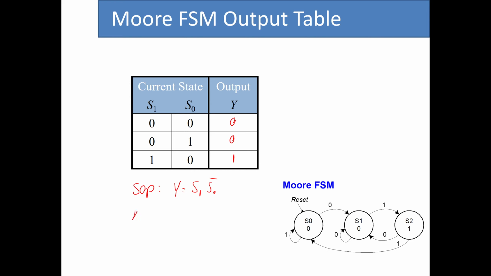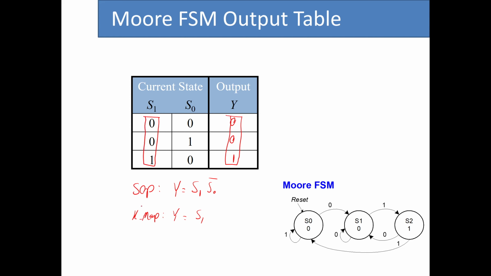You can use the K-map to come up with a simpler equation too, which is going to be y equals S1. Or you can just simply look at this table and see that output y is exactly the same as S1, right?